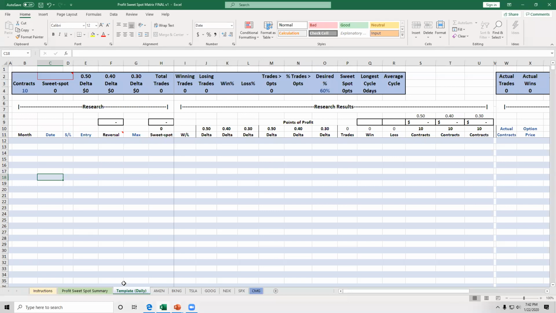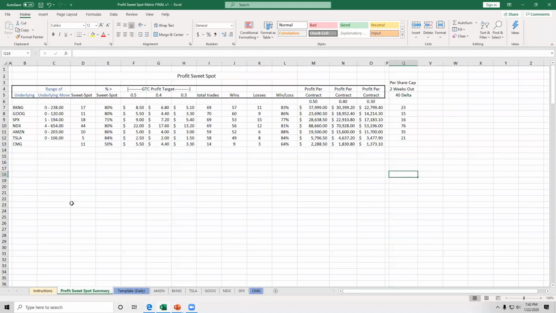TradingView makes it really easy to do a replay and put the data in your spreadsheet and be able to do the same analysis that we've done on these 4 stocks and 2 indexes on any stock you want. And then you can see the summary on the summary page of anything that you've evaluated.